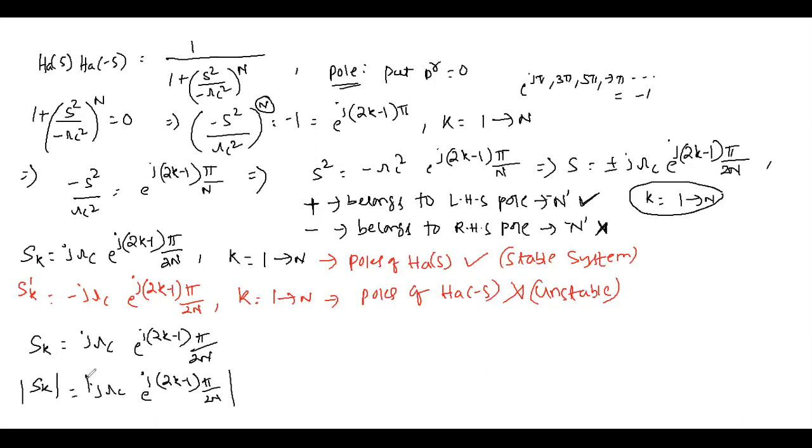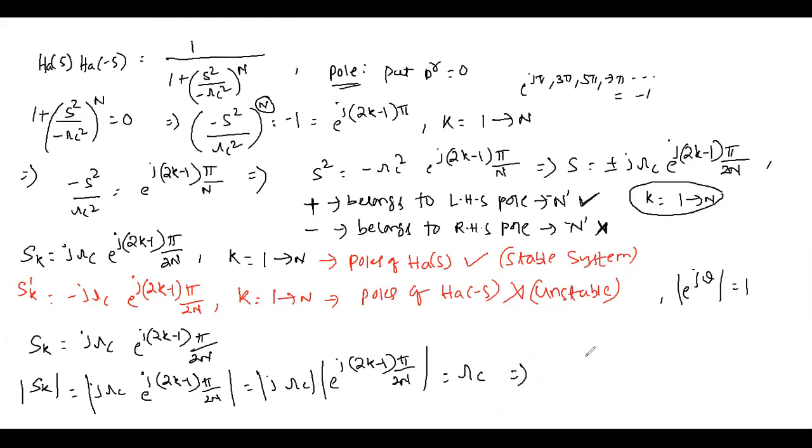Taking the magnitude, this is the magnitude of j omega c, times the magnitude of e to the power j (2k minus 1) pi by 2n, and this is omega c. Because you all know that the magnitude of e to the power j theta equals 1. So what you got is that the magnitude of sk equals omega c.